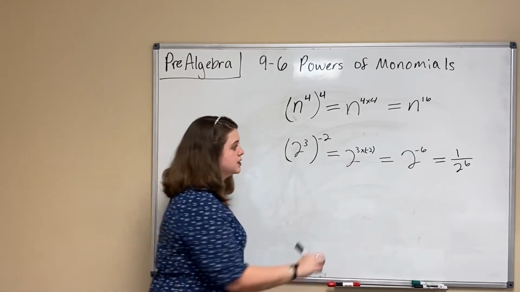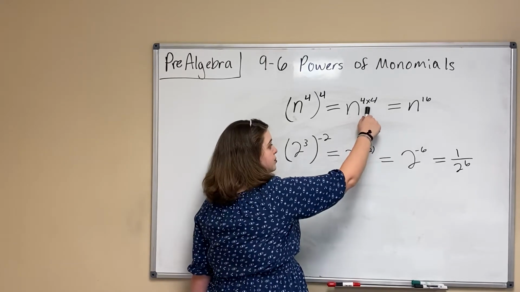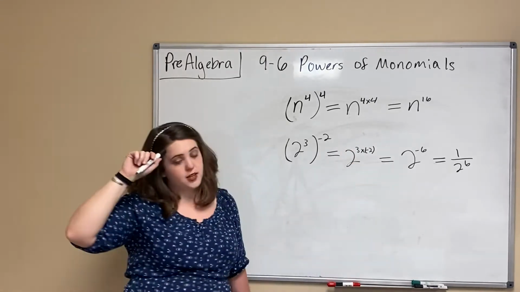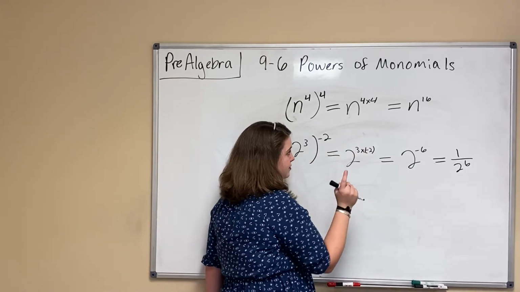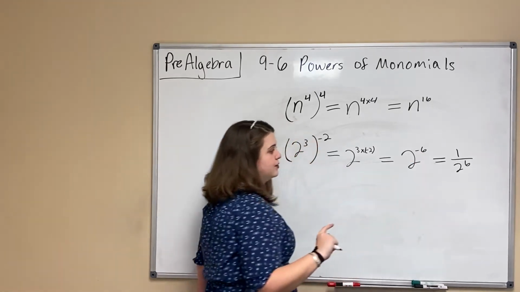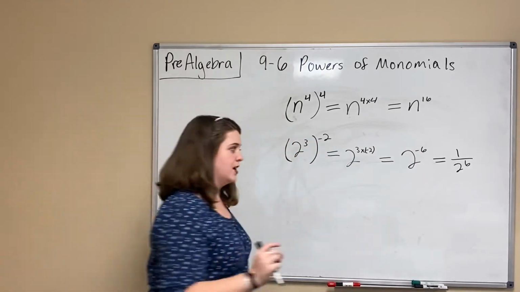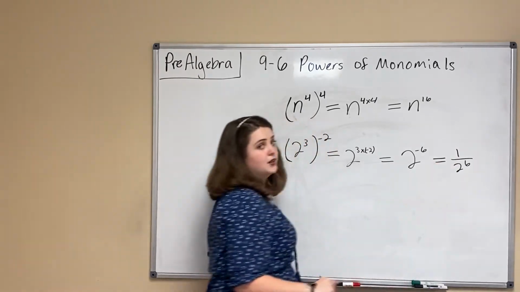So you still treat problems like this with negative numbers the same. You still multiply the exponents, but you've got to keep track of those signs. And when you multiply a negative times a positive, like negative 2 times positive 3, your answer is negative. And when we have negative exponents, we know that that's putting our power in the denominator of a fraction.